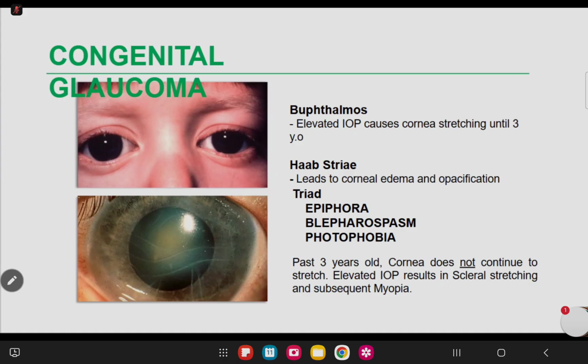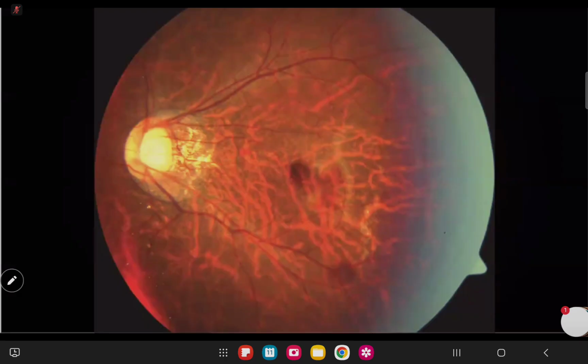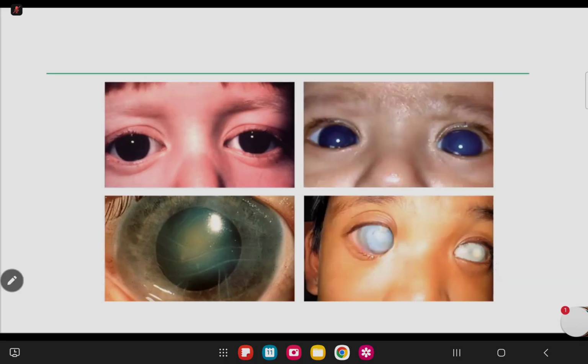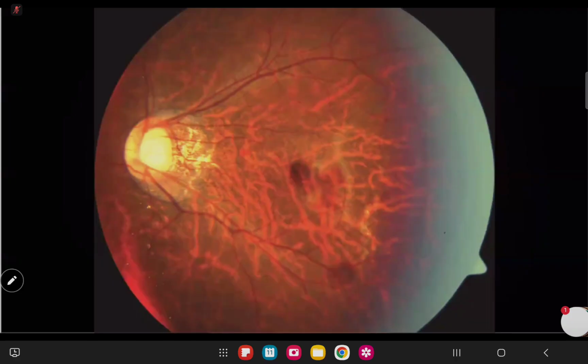However, your eye is very stretchable. It could deal with a pressure as high as 60 to 80 millimeters of mercury. But your globe would be stretched out, giving you this ophthalmos presentation. So this is the cupping that you heard earlier.